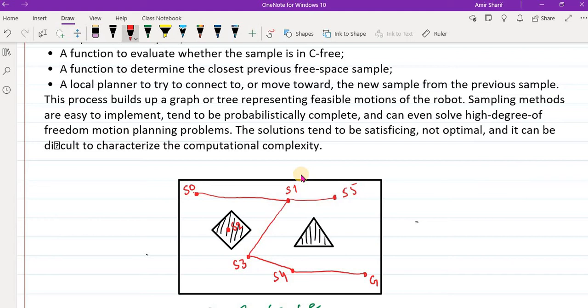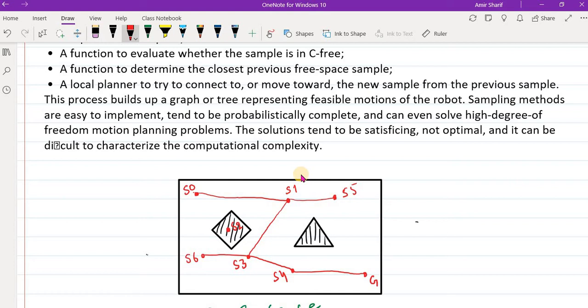S5 is nearest to S1. And let's say if I take one more sample here randomly anywhere, so let's say this is the sample S6. Sample S6 is nearest to sample S3, so we connect it. So you see that it's making a graph here.